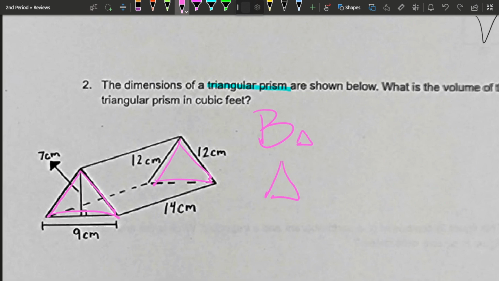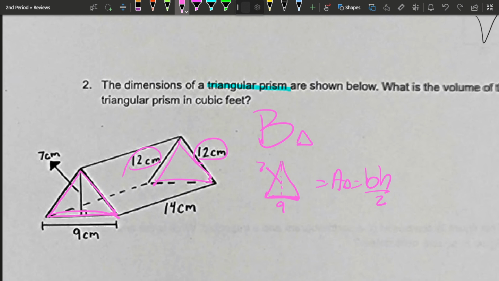So what is the base? Remember, the area of a triangle is base times height divided by 2. What is the number that's going to go on the bottom? 9. And what is my height? 7. What about these two 12s? Are they vertical heights or are they slanted? Slanted. We don't want those for the height.